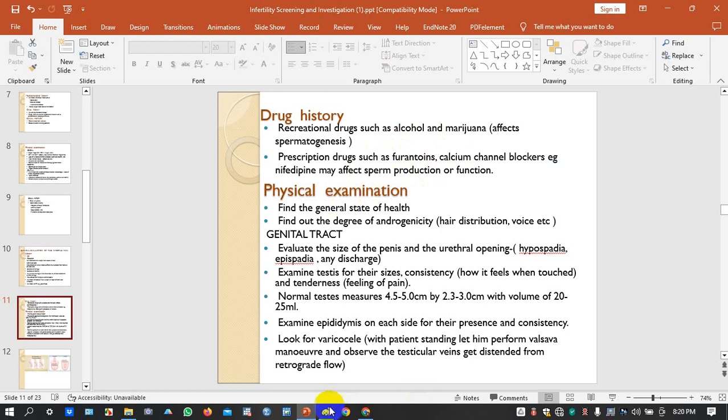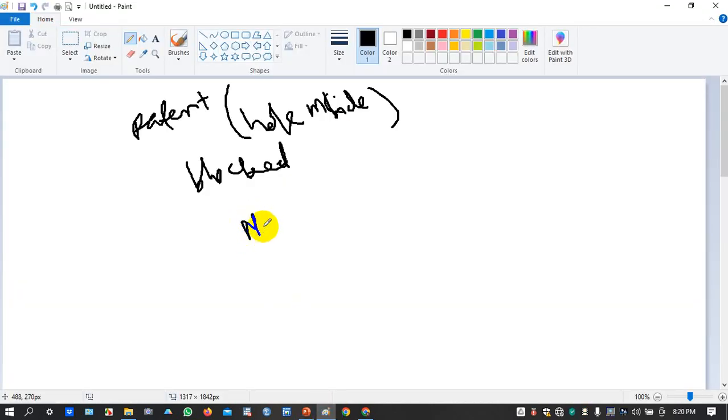So, like I said, nitrofurantoins are drugs that are used to treat urinary tract infections or UTIs.